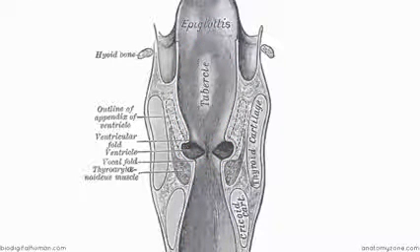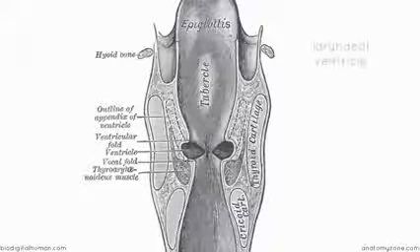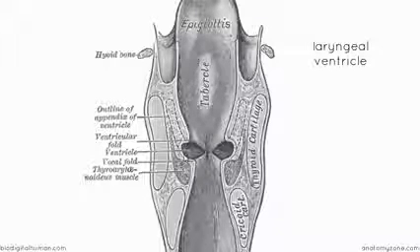So where the mucosa bulges out here between the vocal and vestibular folds, you've got this space, this sort of trough. So this space between these folds is called the laryngeal ventricle, and you can see this dotted line extending backwards and upwards.